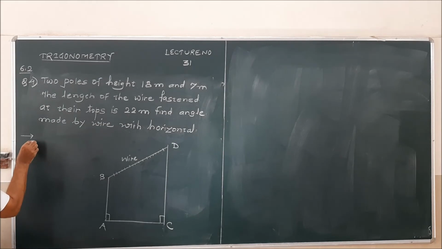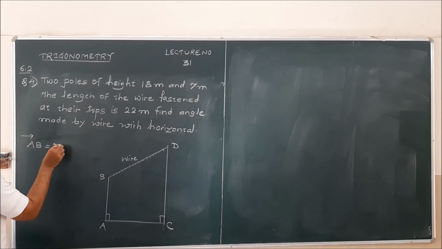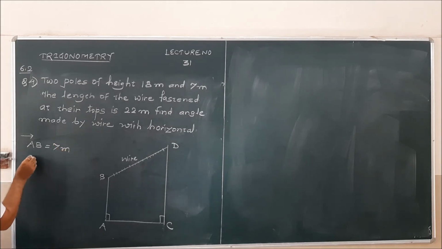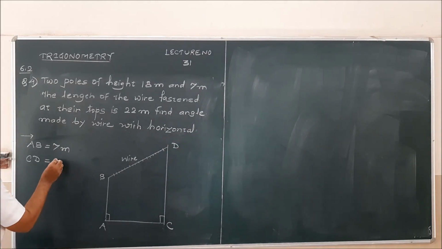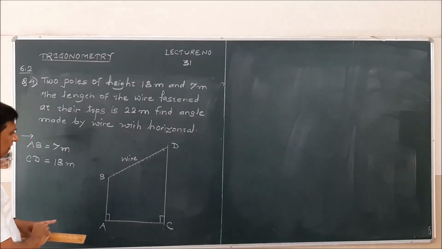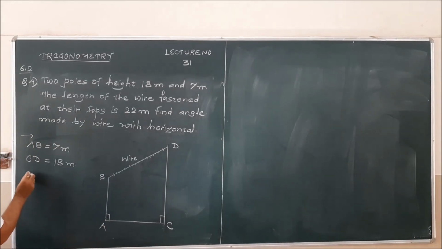AB is the first pole, having the height of 7 meter. CD is the second pole. CD is having the height of 18 meter. Now I have to find out the angle made by this wire. So I'll mention over here BD is equal to wire.